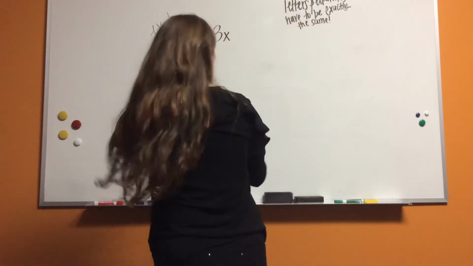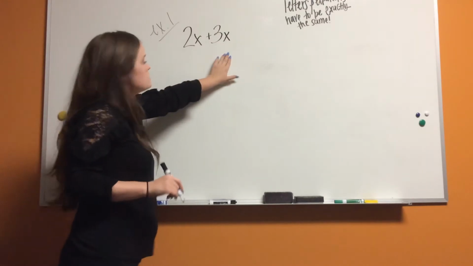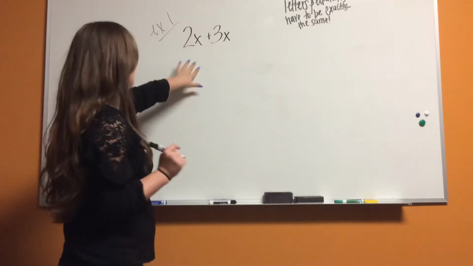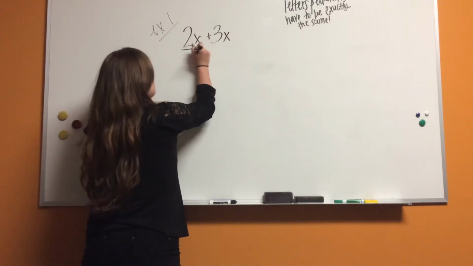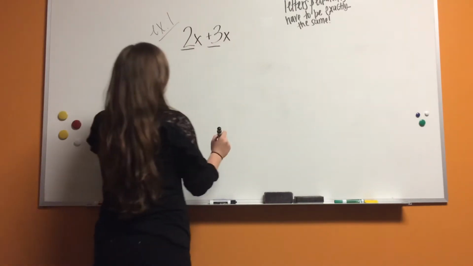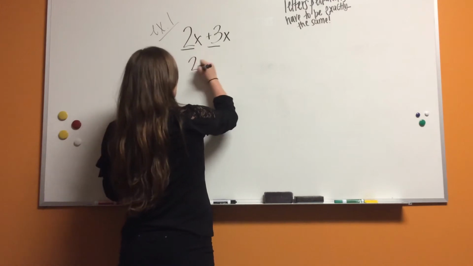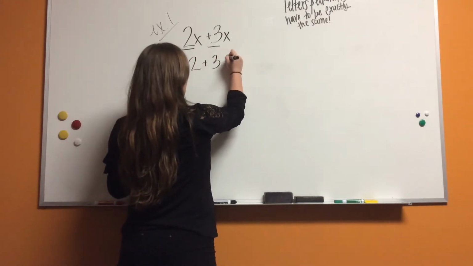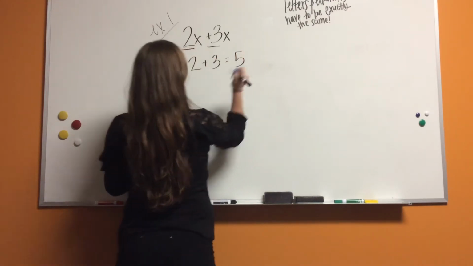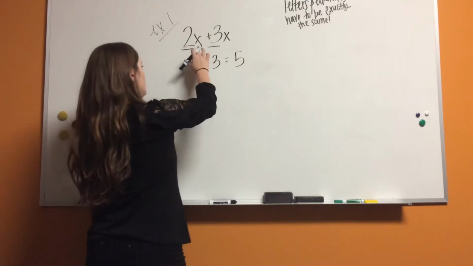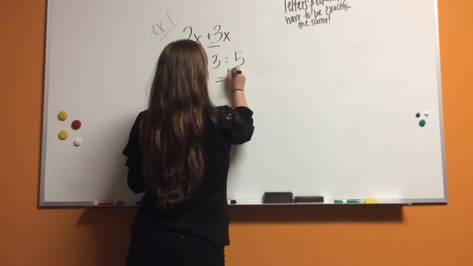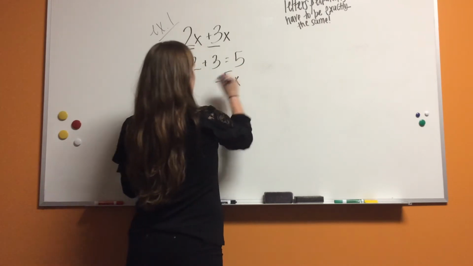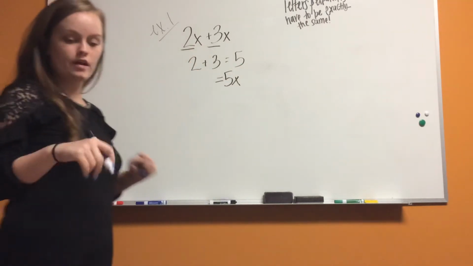Okay? So, are the letters the same? So since they are the same, we can simply just add 2 to 3. So 2 plus 3 equals 5. And then we're just going to bring the x around. So simplifying this to 5x. Okay?